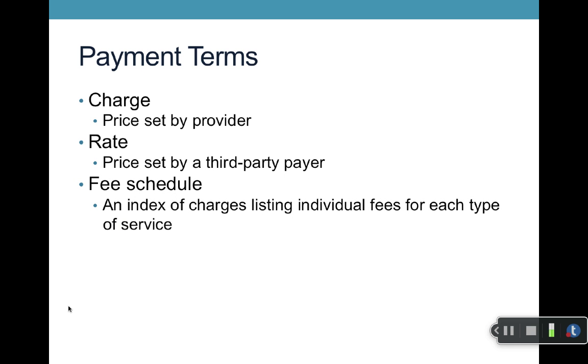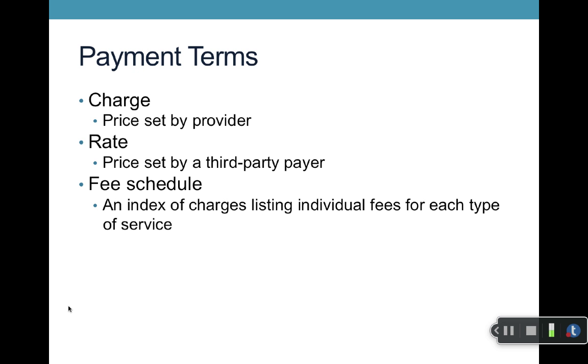Some important terms about payment that you really should know. Charge. A charge is the price set by the provider. So the provider assigns a charge of $30,000 for that coronary artery bypass graft. The rate is the price set by the third-party payer.